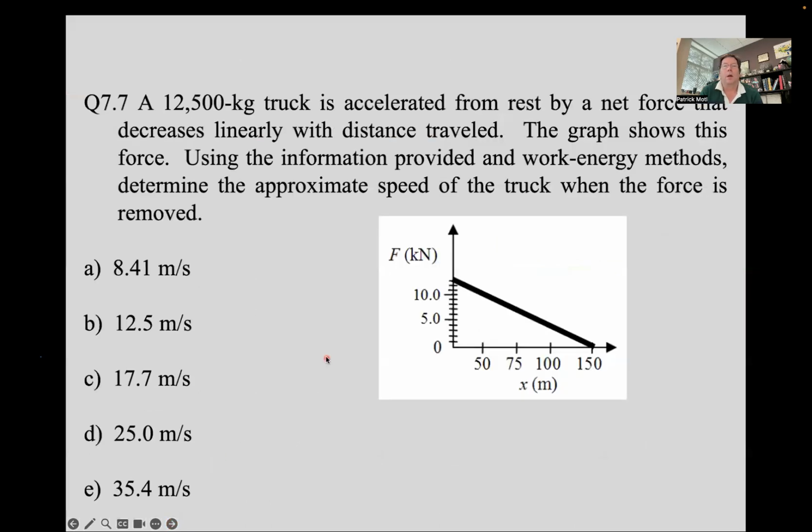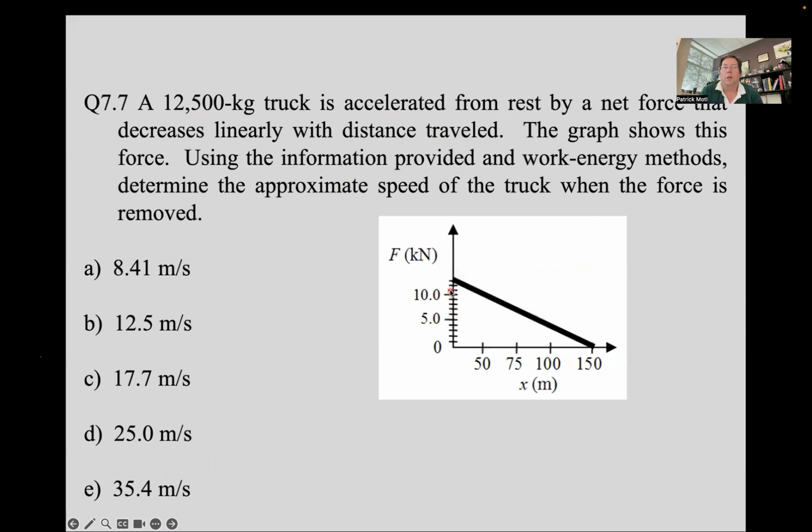Okay, let's try an example. A 12,500 kilogram truck is going to be accelerated from rest by a net force that decreases linearly with the distance traveled. So the plot of force versus distance traveled is that straight line.